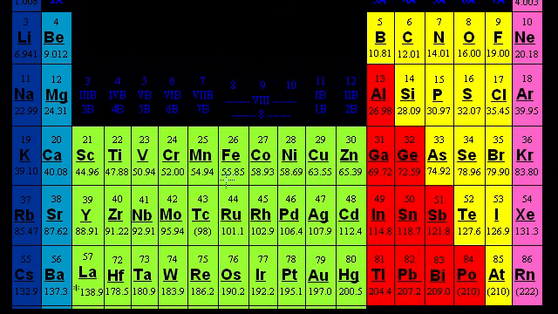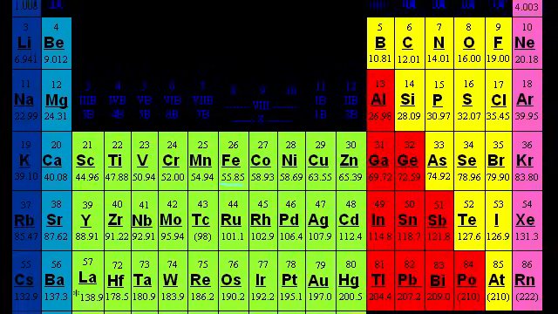Iron is right here, 55.85. I think it's fair enough to round to 56. Let's say we're dealing with the isotope of iron that has 30 neutrons, so it has a mass number of 56. So iron has 56 atomic mass number, and oxygen we already know is 16. So iron was 56.